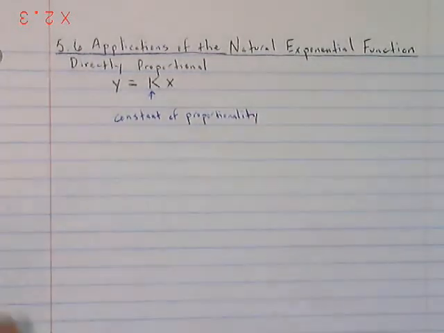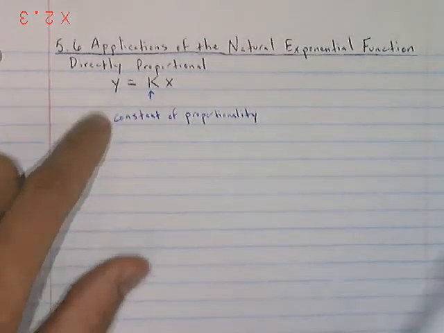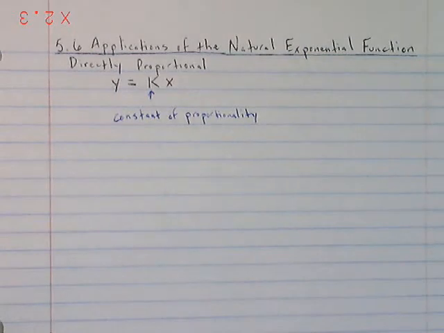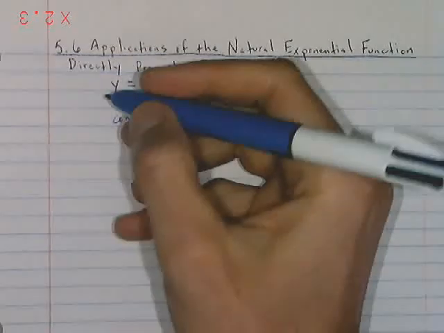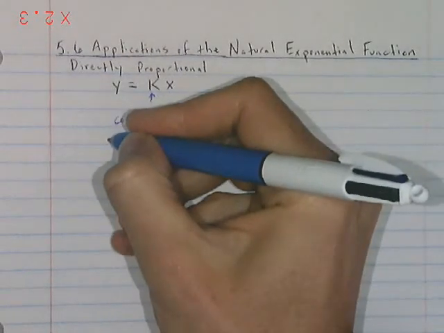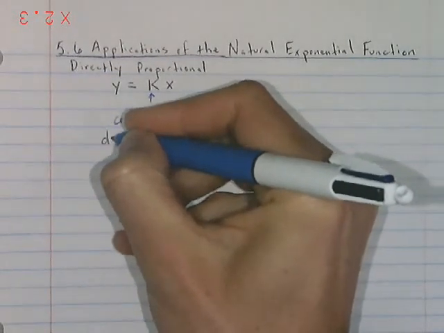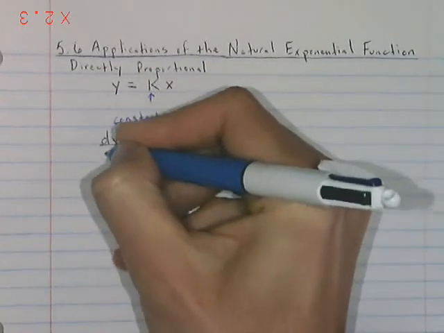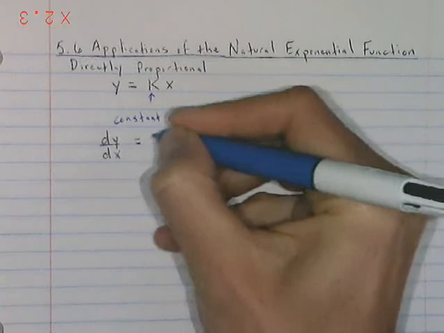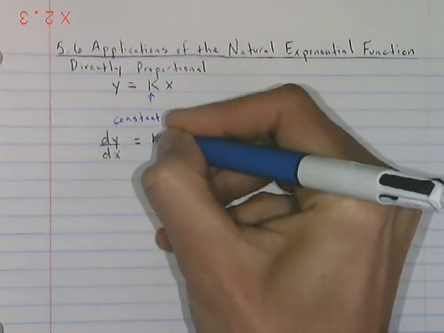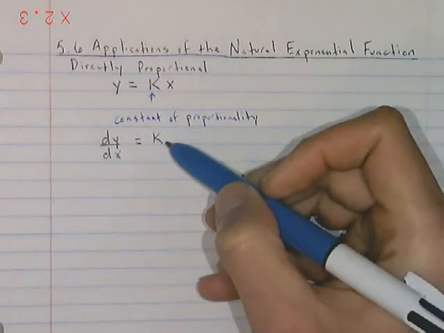That our first quantity is the rate of change of some thing. Well, rate of change in calculus land should make you think derivative. So we're going to write the left side of this as dy dx. We're going to leave the k alone, the constant of proportionality.